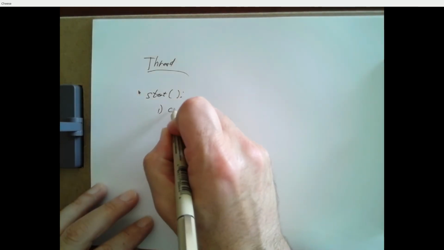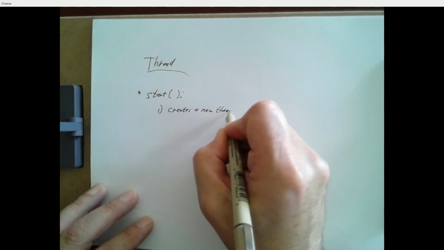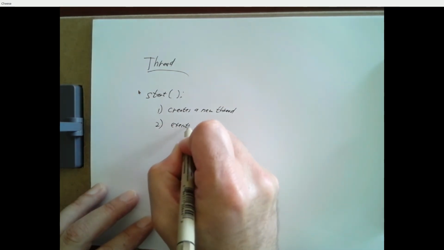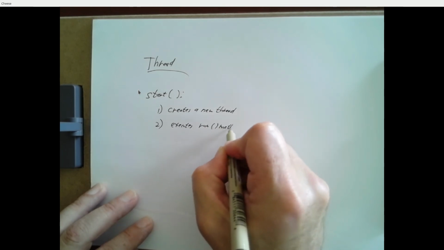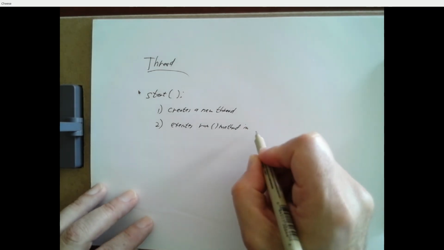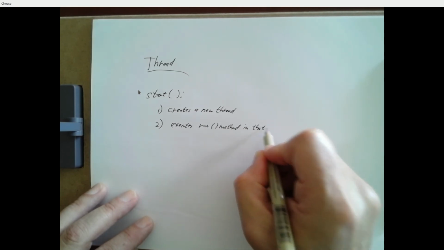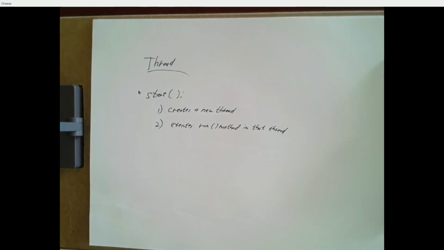One, it creates a new thread. And two, it executes the run method. Has to be called run, has to be public void run, and then it executes that run method in that thread.